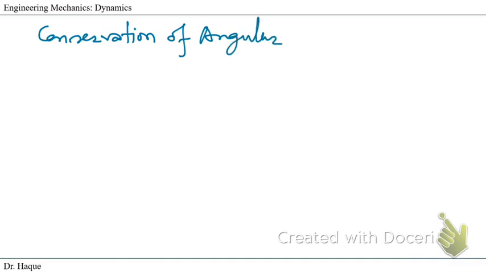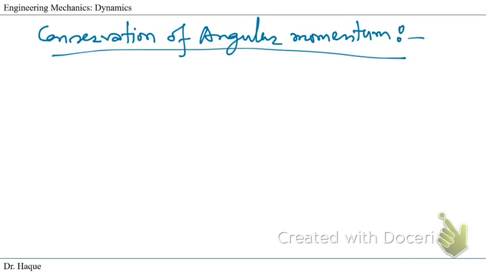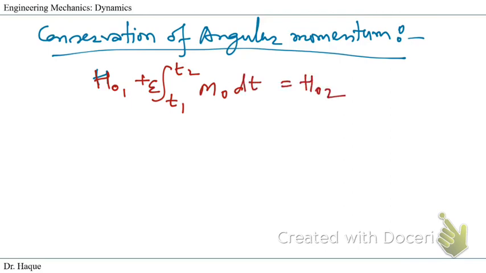The last thing that we have to talk about is conservation of angular momentum. When we talk about conservation of angular momentum, let's go back to our equation: the initial angular momentum plus the angular impulse, the integral from t1 to t2 of the moment M0 dt, equals H02.